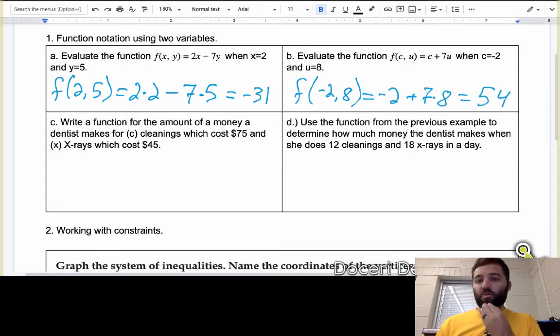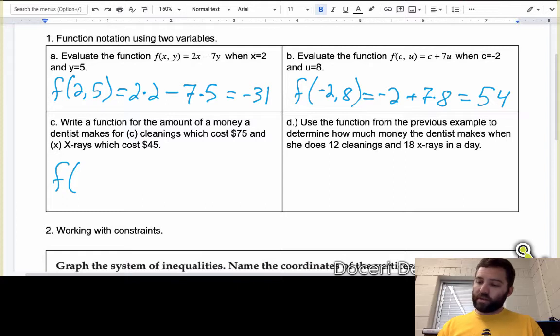Okay, so how might this be applied in the real world? Well, here's the situation. We have a dentist who makes $75 per cleaning and $45 per x-ray, and we want to know what is a function that will give you the amount the dentist earns with the combination of those two. Well, this is a perfect setup for a function that has two variables.